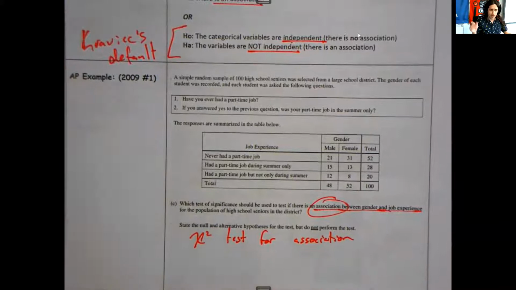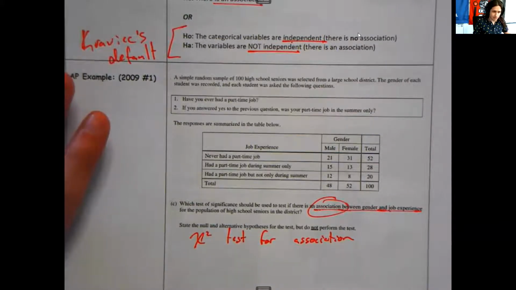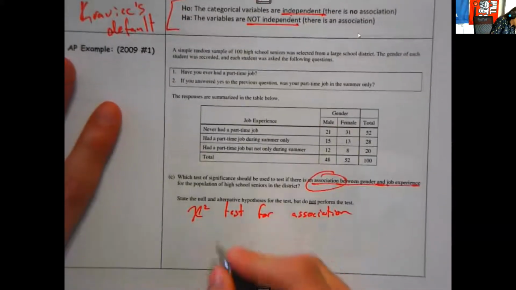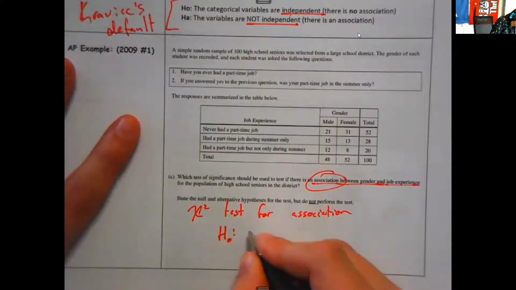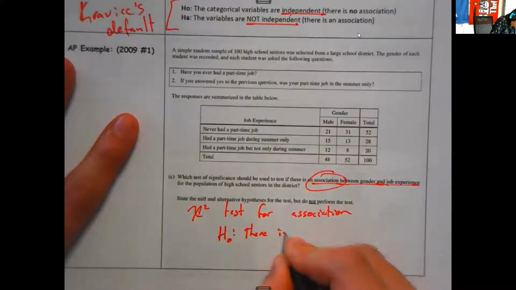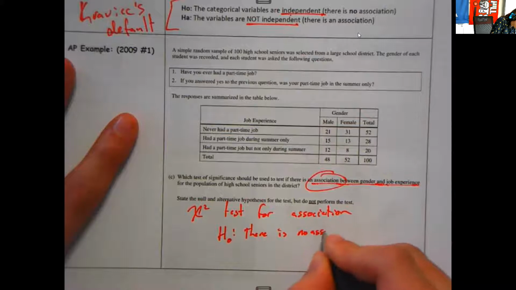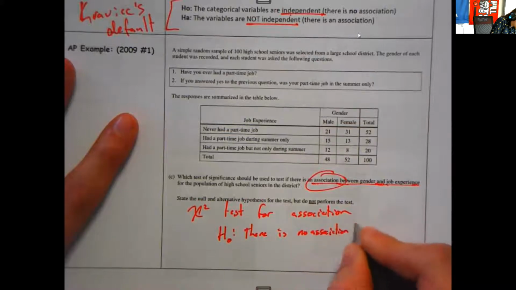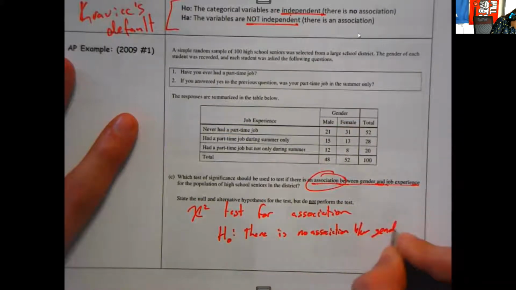Okay, and state the null and alternative hypotheses, but don't do the test. The null hypothesis is there is no association between gender and job experience.